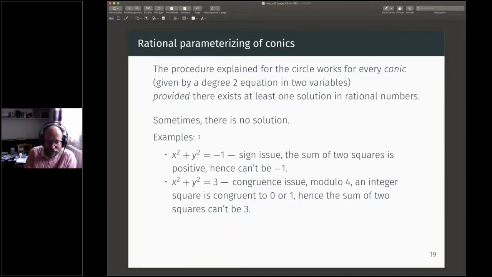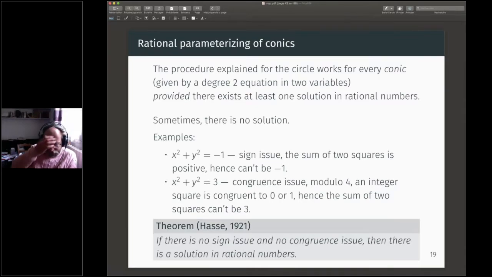The Diophantine equation is solved, but otherwise, it will work in the same way. And there is an important theorem by Hasse, a 20th century theorem, 1921, saying that if there is no sign issue and no congruence issue, then there will be a solution in rational numbers.